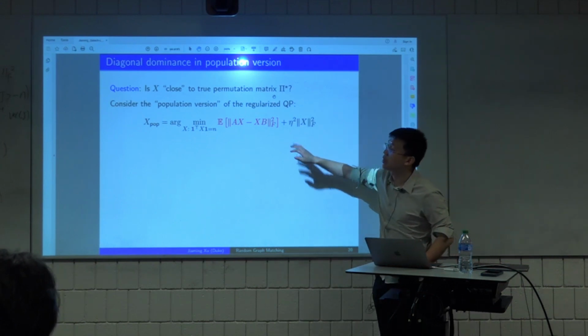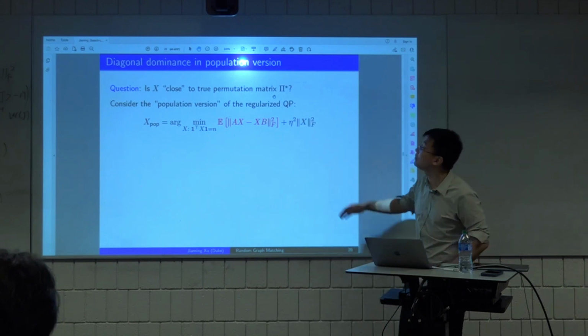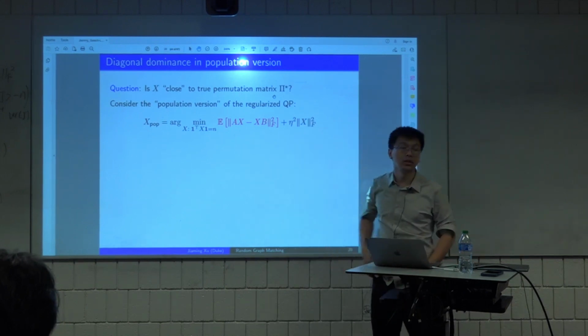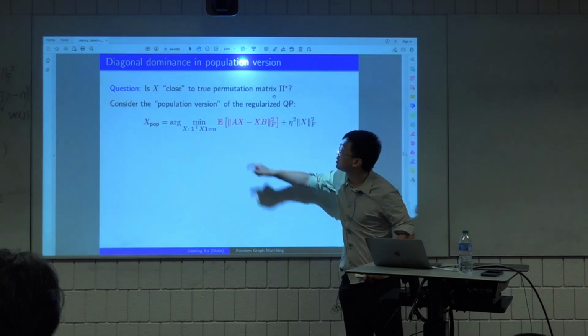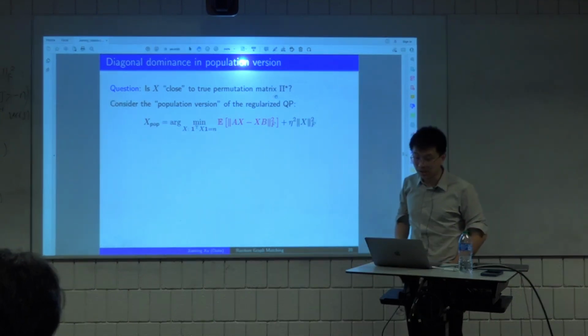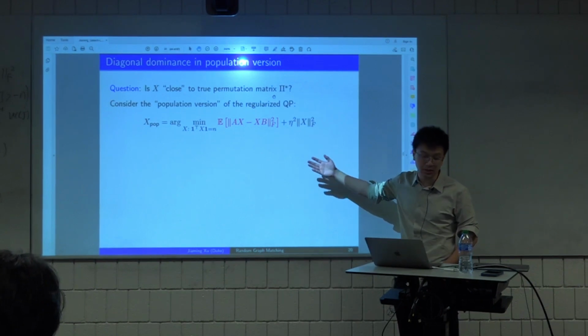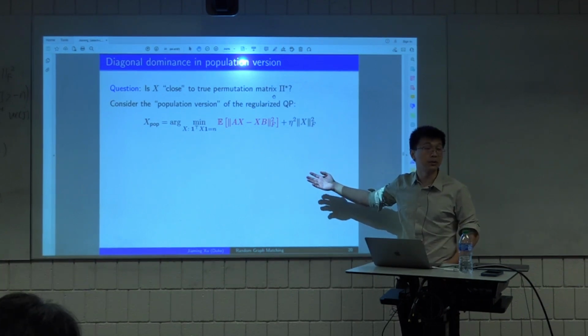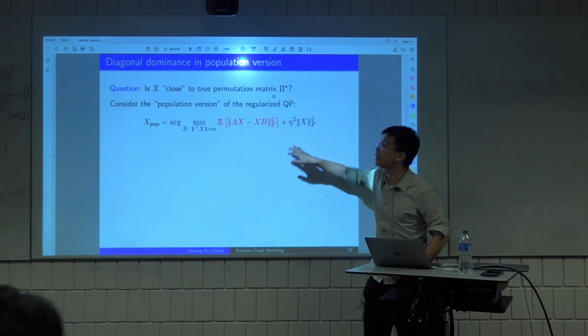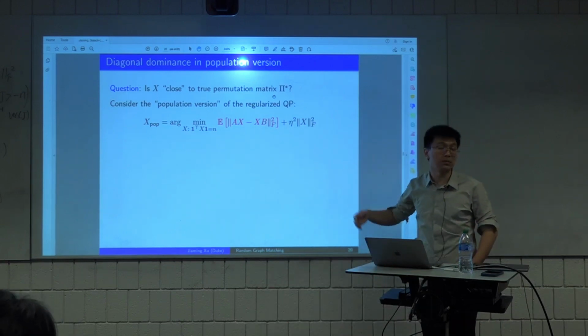So I get this so-called population version. The only difference is that I take the expectation over the randomness in A and B. After taking expectation, this becomes a deterministic optimization problem, so I can solve this population version.